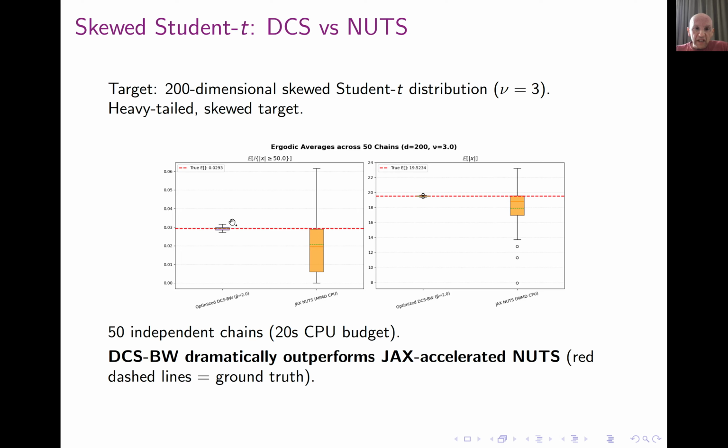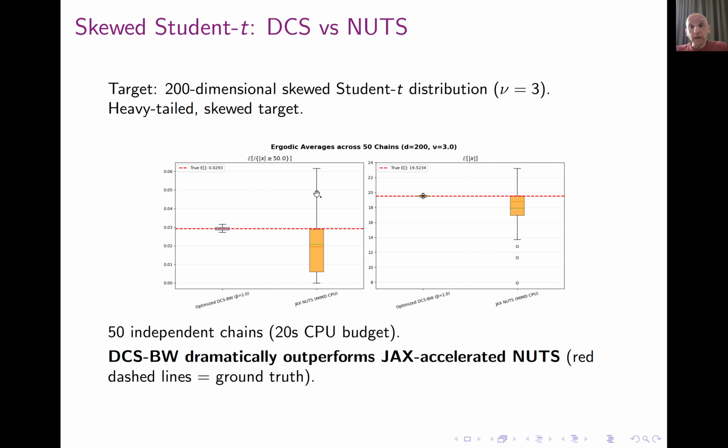And so this is the DCS algorithm with ball walk on the sphere, and the contraction parameter β equal to 2, which, of course, needs to be smaller than this 3. So you see, it hits it pretty well.